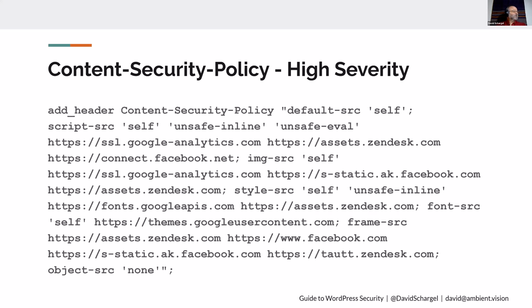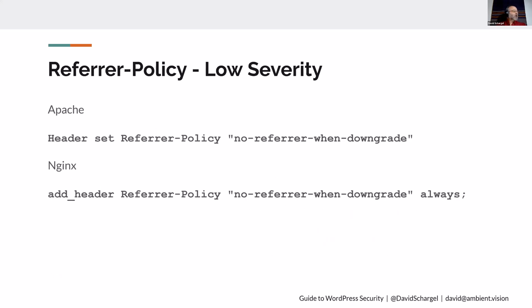That does. And probably the lowest type of HTTP header alteration that you should do, it's a low severity one, is called referrer policy. It essentially lets users know where the inbound visitor came from. When you click on a website, it tells the website where you came from. We all use this in Google Analytics.